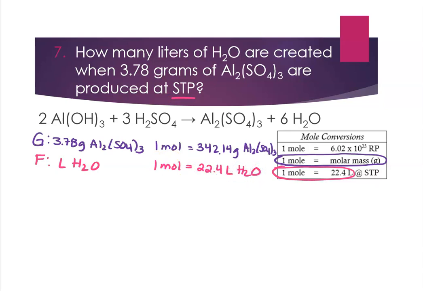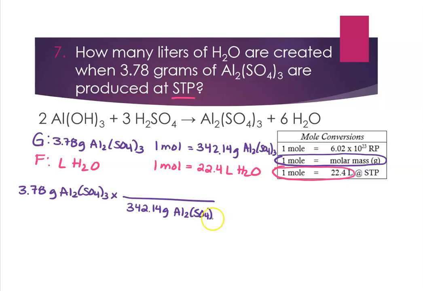All right, so we start with what we're given. 3.78 grams Al2(SO4)3 times, starting with grams, so grams will go in the denominator, so I put my molar mass down here, 342.14 grams of Al2(SO4)3, and on top I put 1 mole Al2(SO4)3.